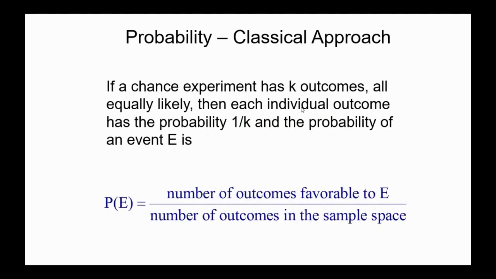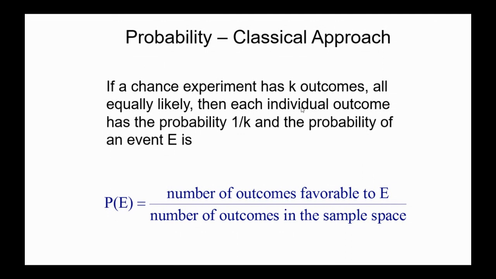So the probability that the event E happens is the number of outcomes favorable to E divided by the number of outcomes in your sample space. So in our coin example, heads or tails, heads is favorable. So that'd be 1 on top. Number of outcomes, well, you can get either heads or tails.